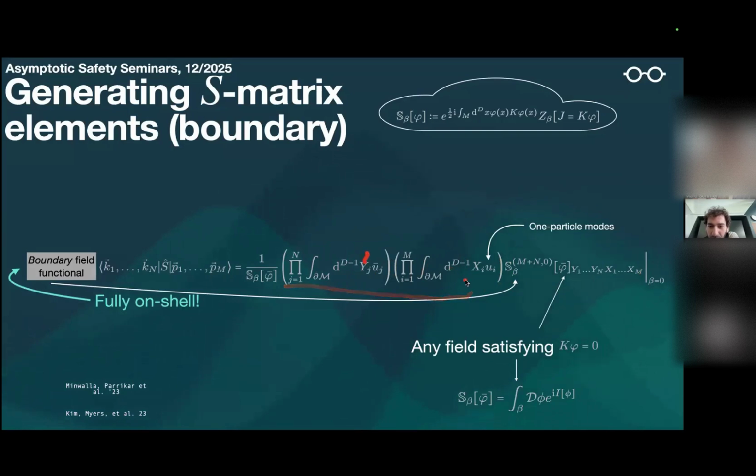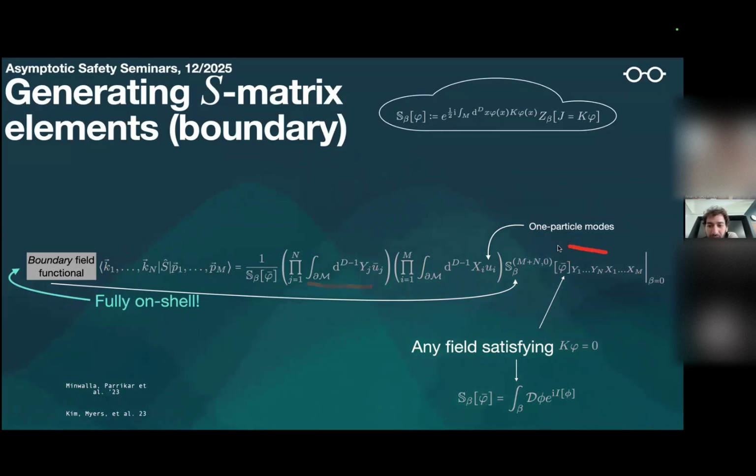So these U's are just one particle modes with momenta p_i and k_i. Depending on whether it's incoming or outgoing momenta, I will have a complex conjugate or not. And you see that this contraction happens by integrating over the boundary points.